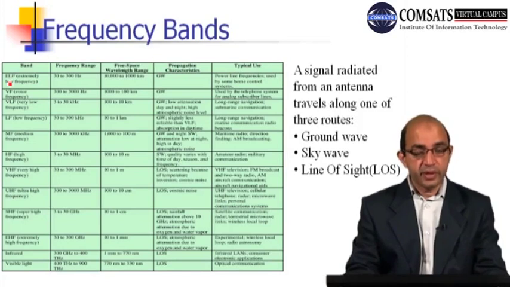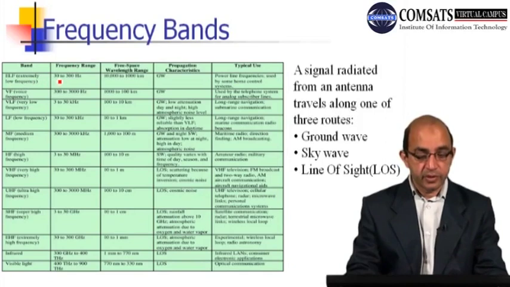You can see we have extremely low frequency, and the frequency range is from 30 to 300 hertz, the wavelength is 10,000 to 1,000 kilometers, and the propagation used is ground wave, right? And for voice frequency, the range is 300 to 3,000 hertz, the wavelength is 1,000 to 100 kilometers, ground wave, right? And it is used by the telephone system for analog subscriber lines, PSTN lines.